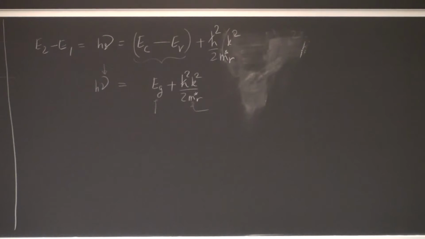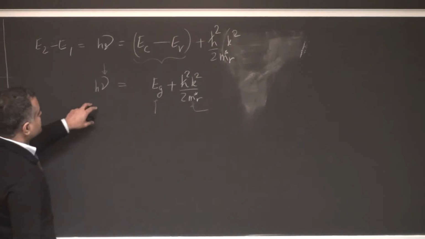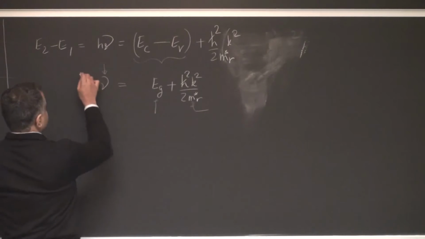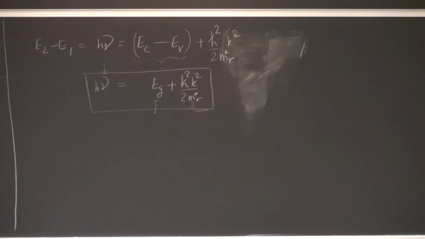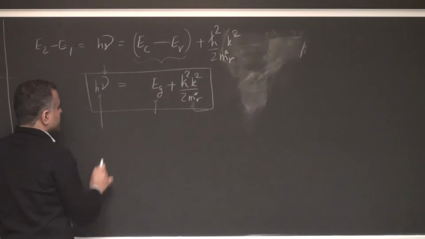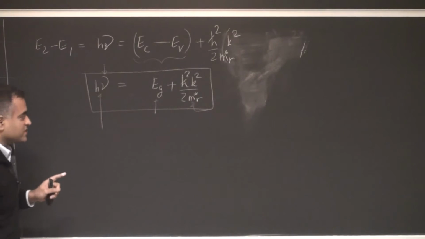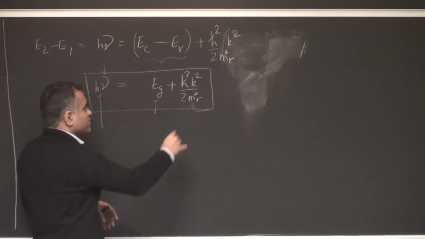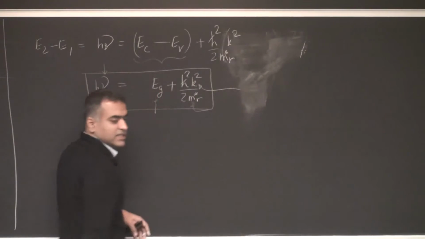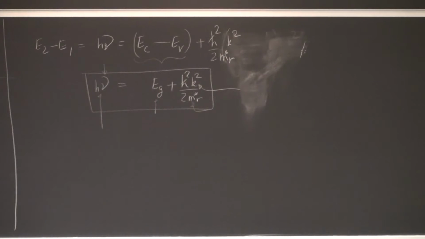Now what is this equation really telling us? It's telling us that I have quite a number of states which will emit at a photon energy of h nu, as long as they follow this relation. So there are a lot of states with different values of k that could emit at this photon energy.